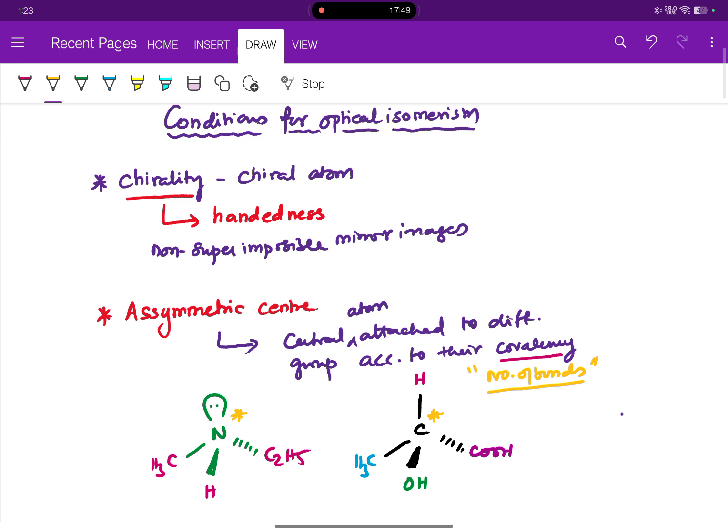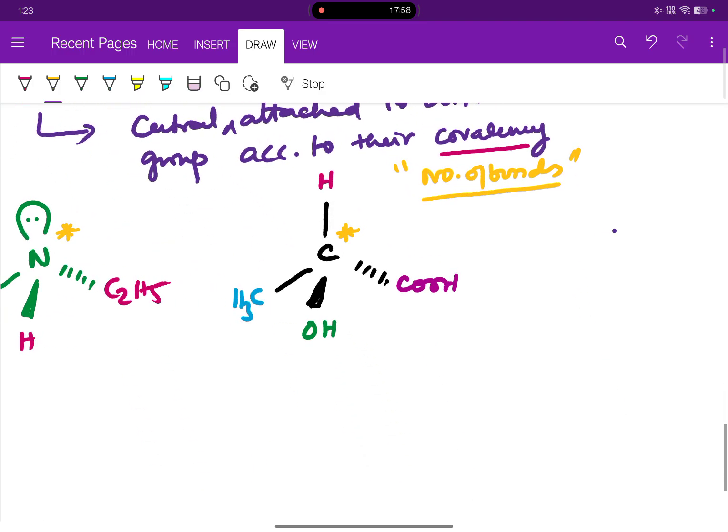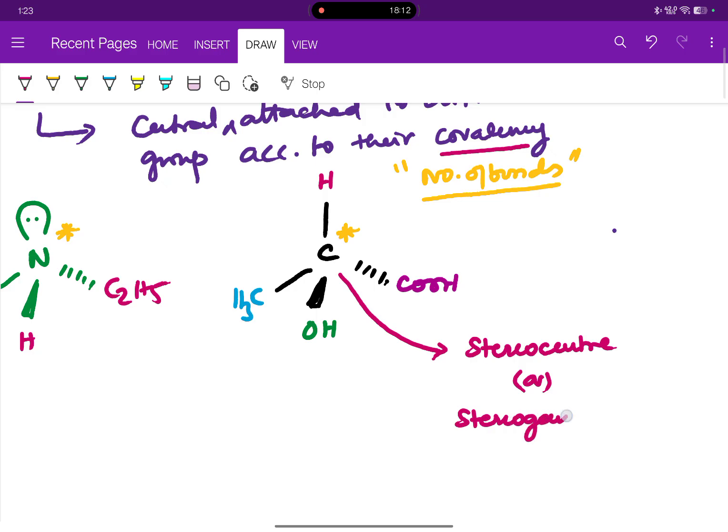So to be optically active, the only condition is chirality. What are the other names of this asymmetric center? Note it down, this is very, very important. This is called a stereo center, or we call it a stereogenic carbon, or we call it an asymmetric carbon.